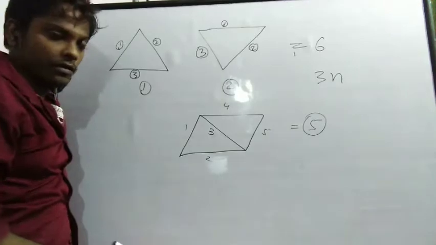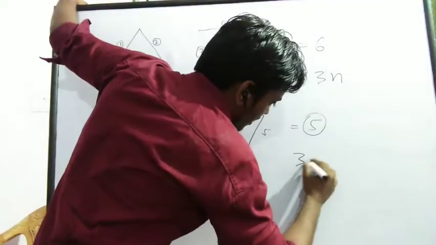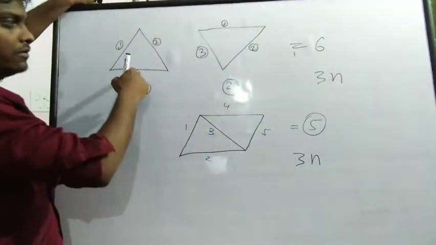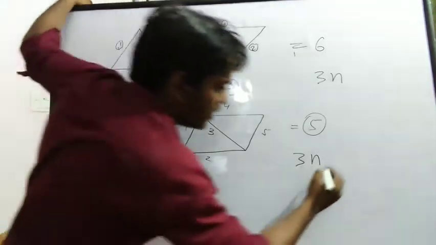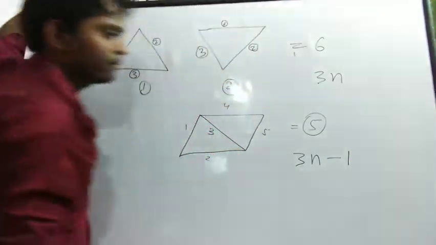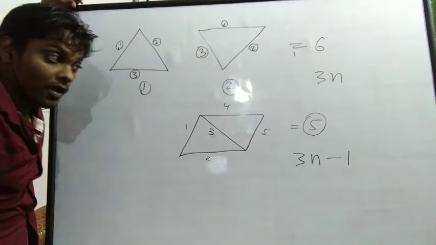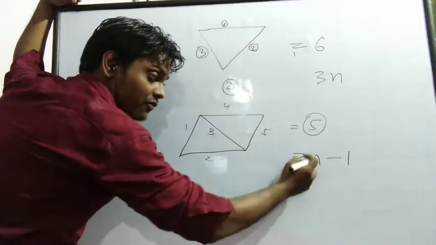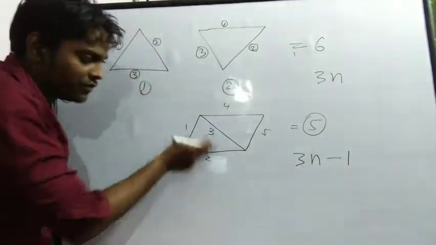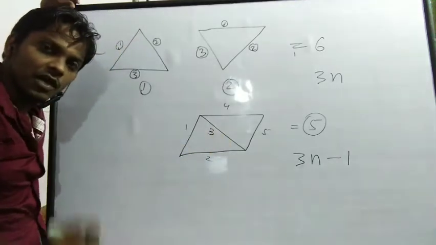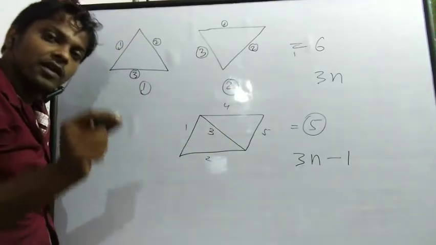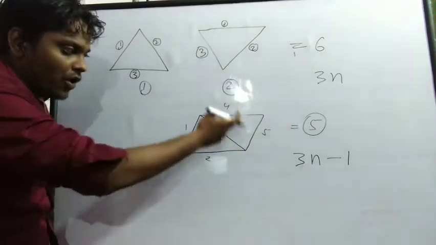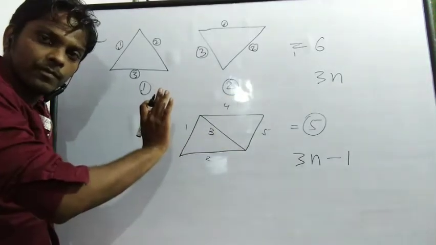But for this one, we have 3n minus 1. 1 is subtracted from this number because of this common matchstick. We will take only one matchstick for this formation.